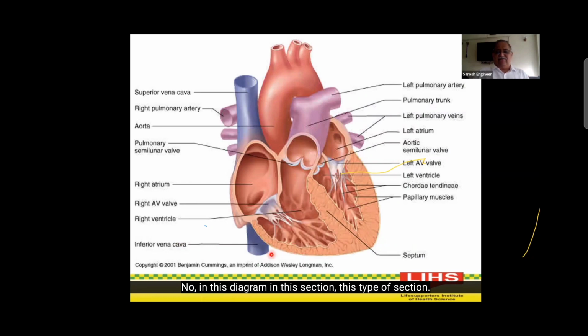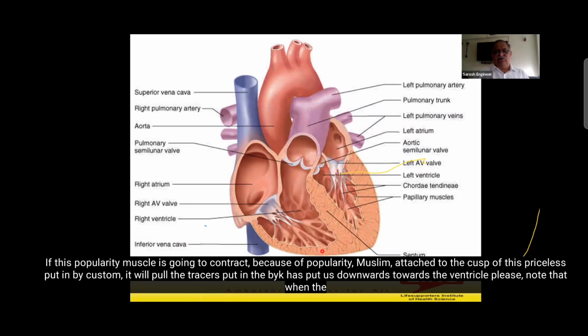Now, in this diagram, in this type of section, if the ventricle contracts, that means this papillary muscle is going to contract. Because the papillary muscle is attached to the cusps of the tricuspid and bicuspid, it will pull the cusps downwards towards the ventricle.